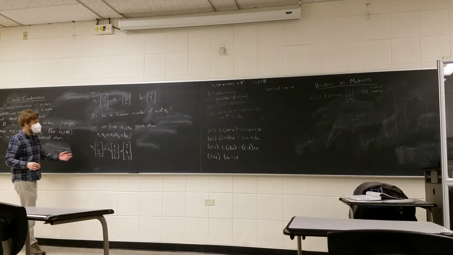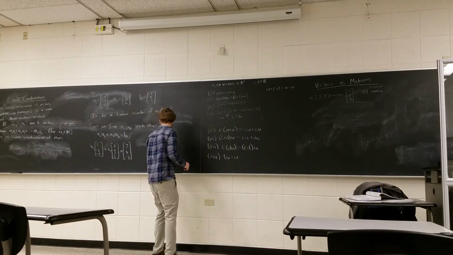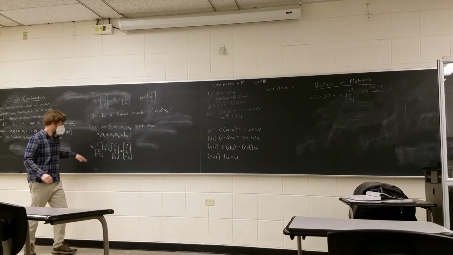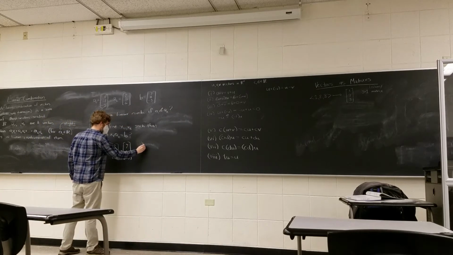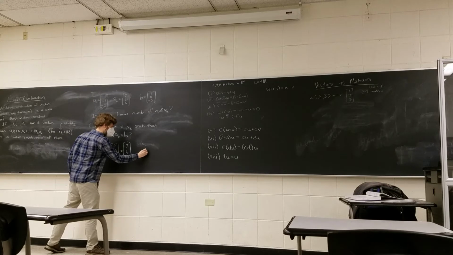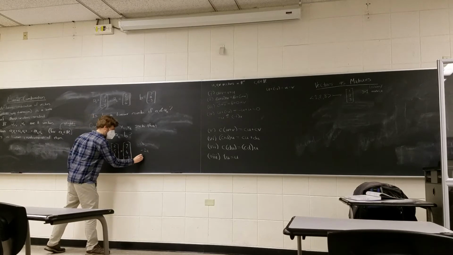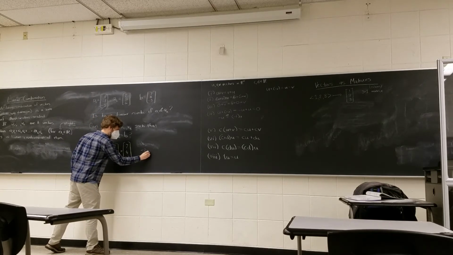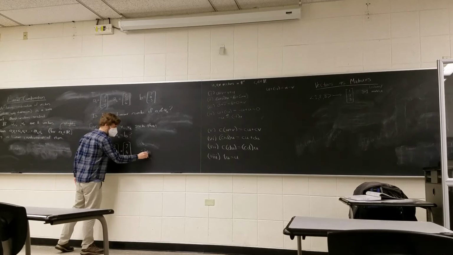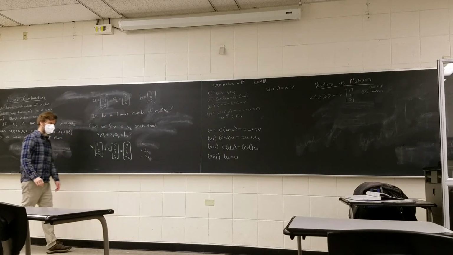So let me multiply this through. So what do I get? I get x1 times 1, minus 2x1, minus 5x1. So what am I doing? x1 is the scalar.